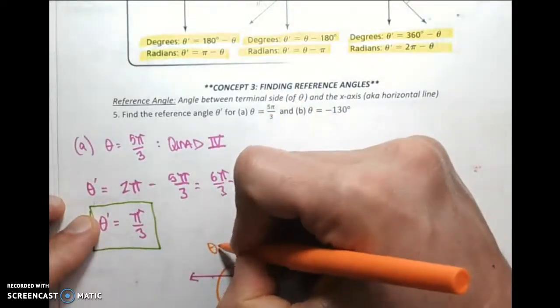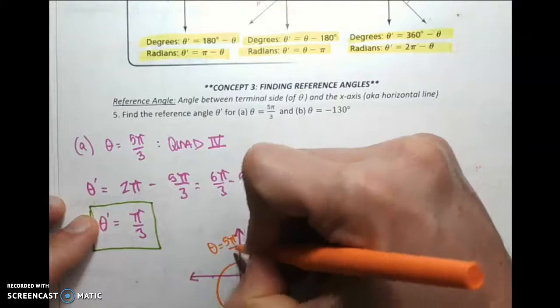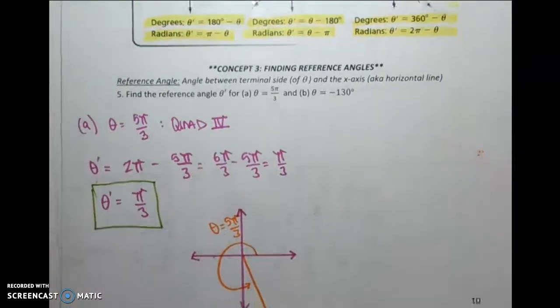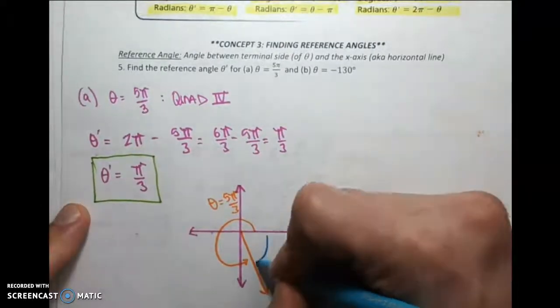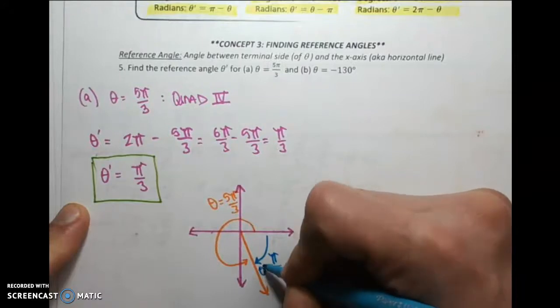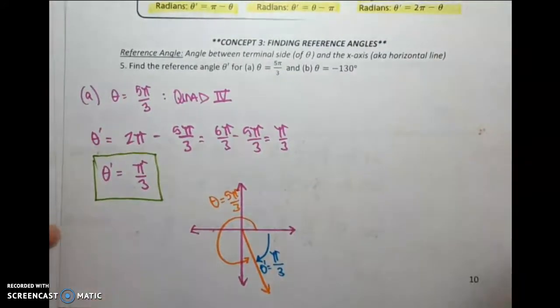There's my theta. It's 5 pi over 3. And then my reference angle would come from my x-axis right here. And that's my pi over 3. Okay, I'll do B on the second video.